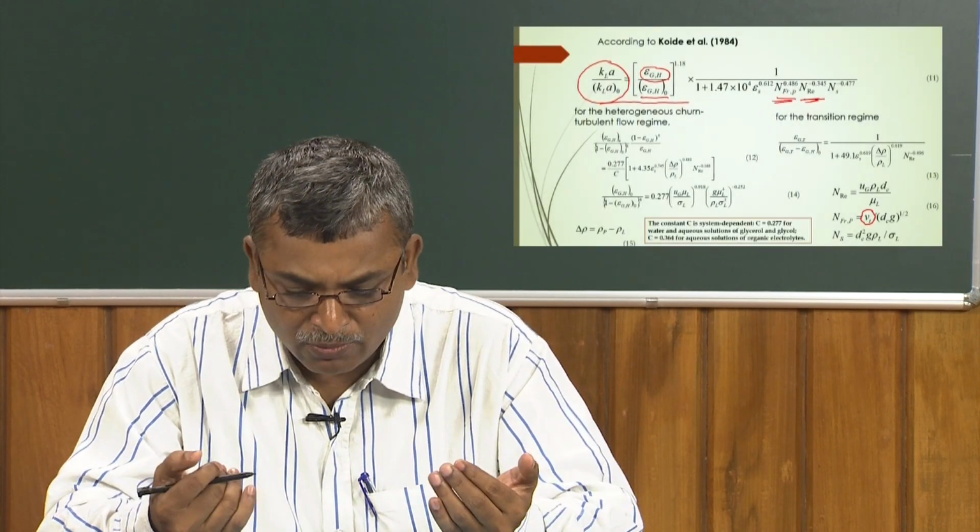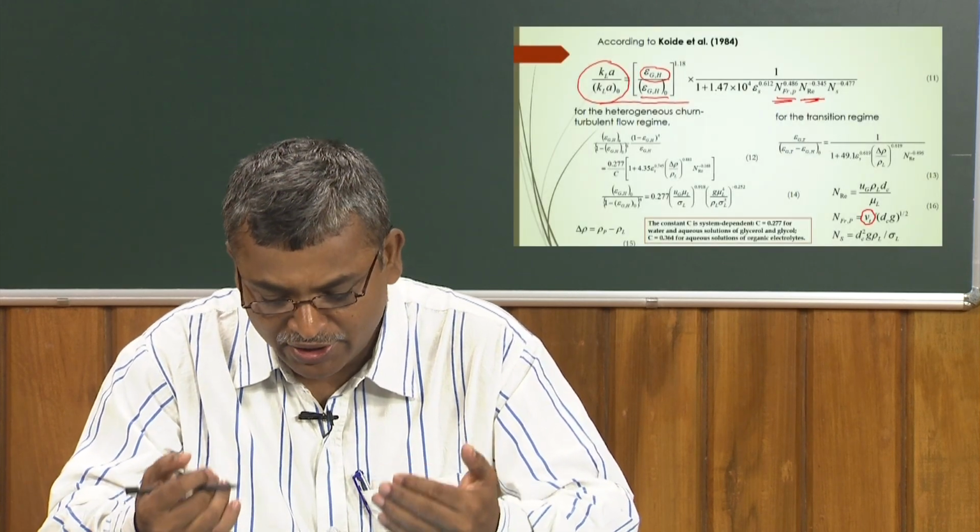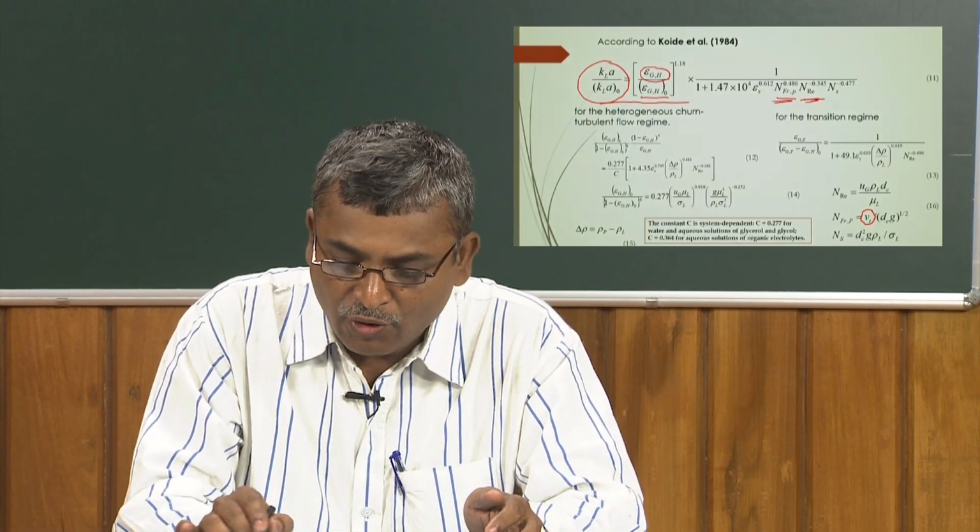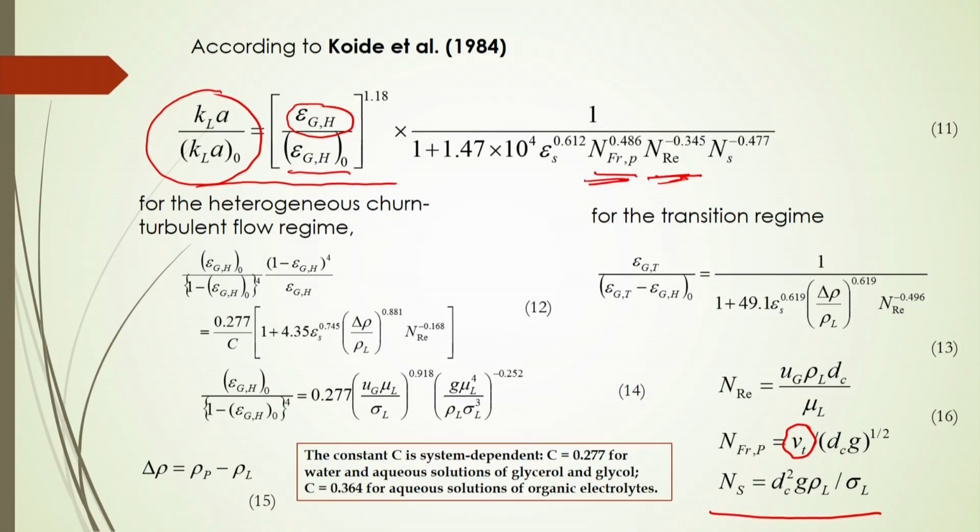So, at that terminal velocity condition, what will happen? You have to consider the Reynolds number here as 0. So, in that case KLA will be equal to 0, but if you consider that there will be no flow, then you cannot consider this Reynolds number.